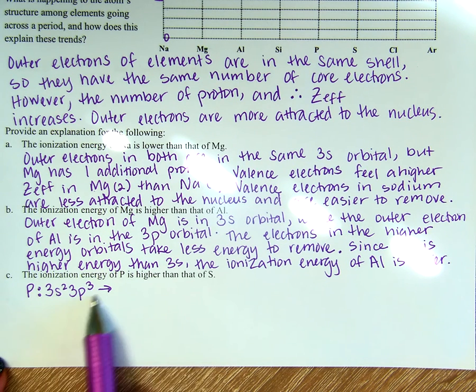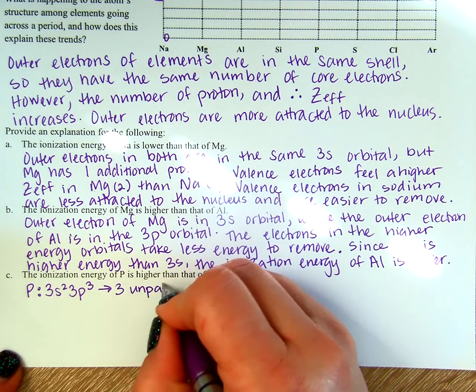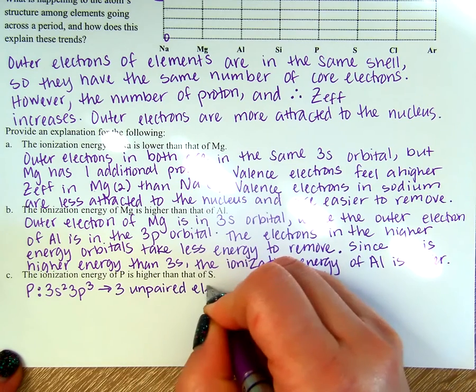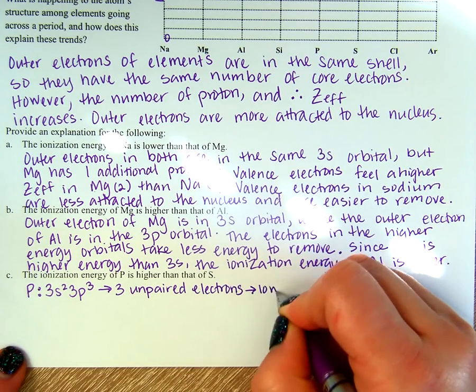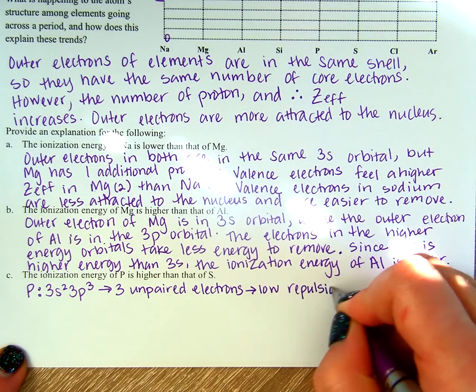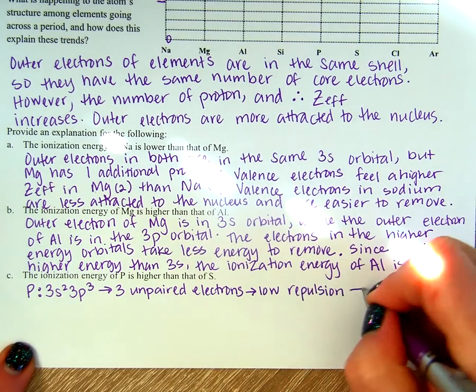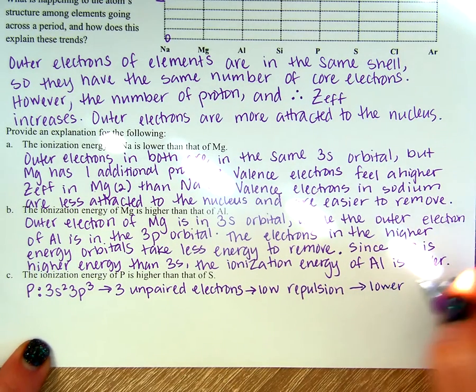So this p subshell is completely half full, because we have 3 unpaired electrons. Therefore, there is low repulsion between those electrons because they're all in different orbitals. And this is going to be a lower energy state.